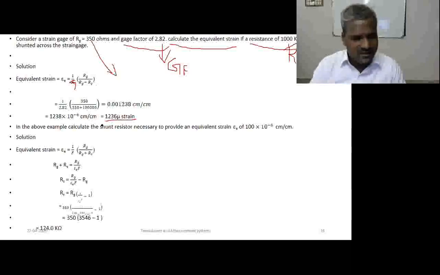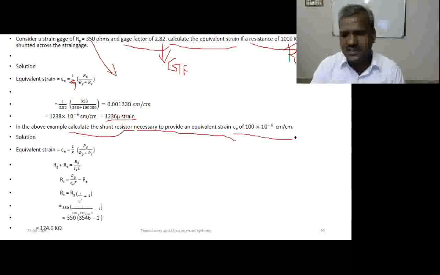Now the same example: we have to estimate the shunt resistor necessary to provide an equivalent strain of 100 micro strain. The strain is given, and for this strain value we have to find the shunt resistor RSH.